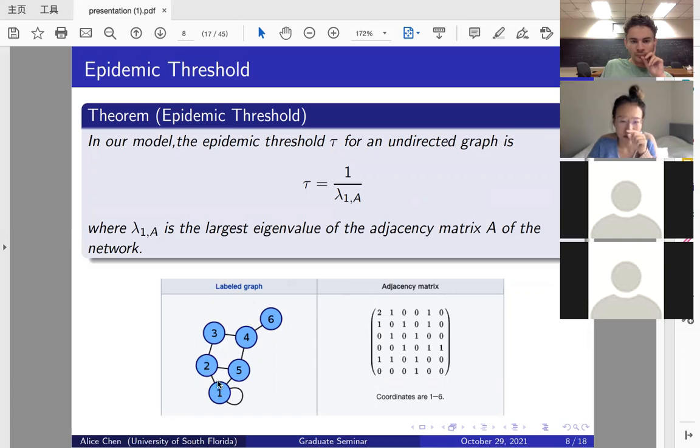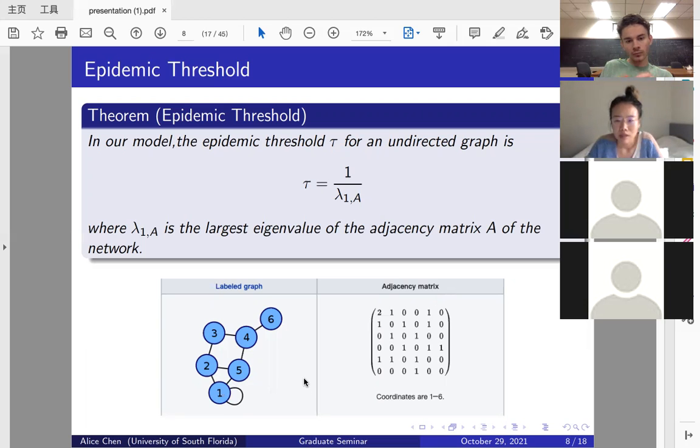Each of them can have some connections between each other, but no directions. You may see some labeled graphs that have directions, but we do not consider directions in our case. We also do not consider self-infection, because you can't let yourself get infected again by yourself. You may see some articles considering self loops, but we do not consider them in our case.